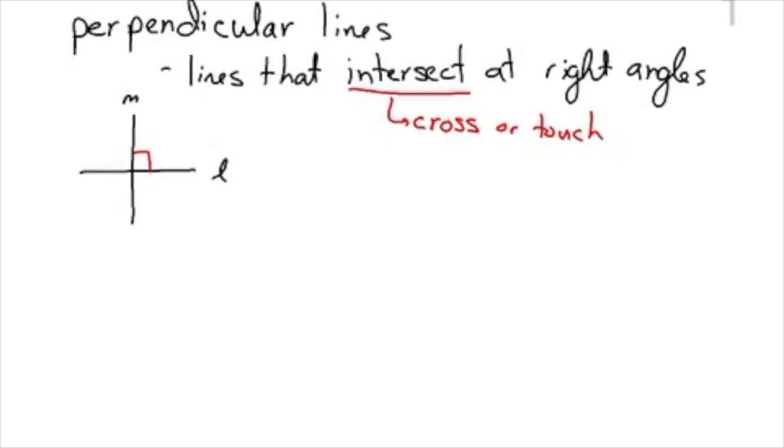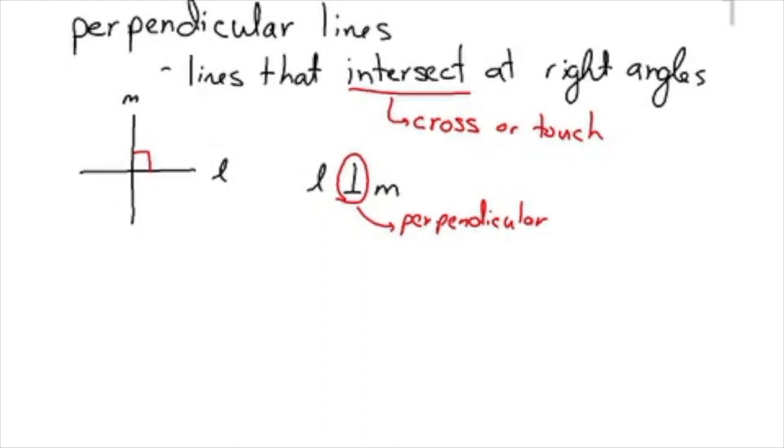The way we write it in math is we write that L is perpendicular to M. This little symbol right here means perpendicular. It's like an upside down T that you're going to see, and it's just a shorthand way of writing that information.